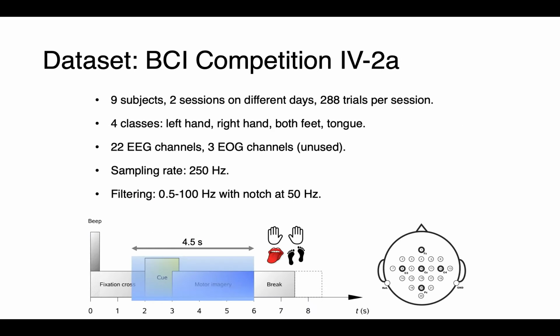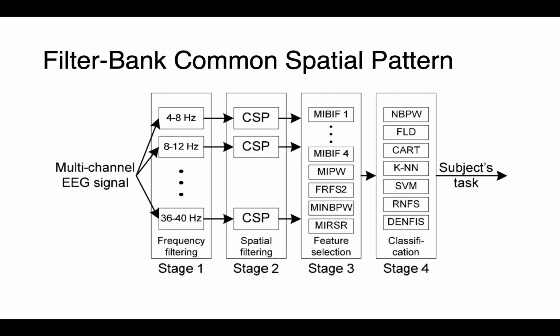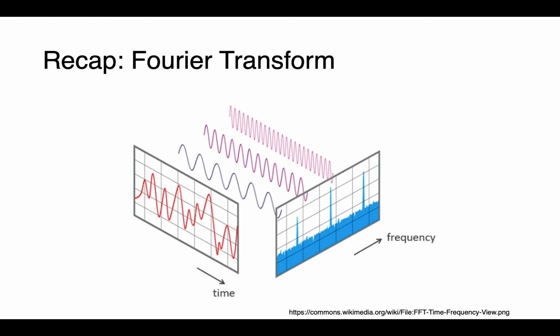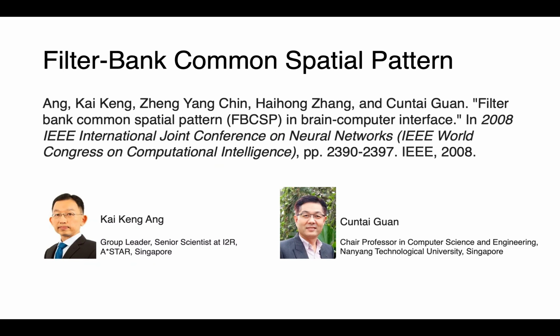I'll explain this, and then I'll explain creating a CNN using EEG next week. So in the complementary video, I will talk about the details of filter bank CSP so that you can understand the design of CNN for EEG decoding next week.